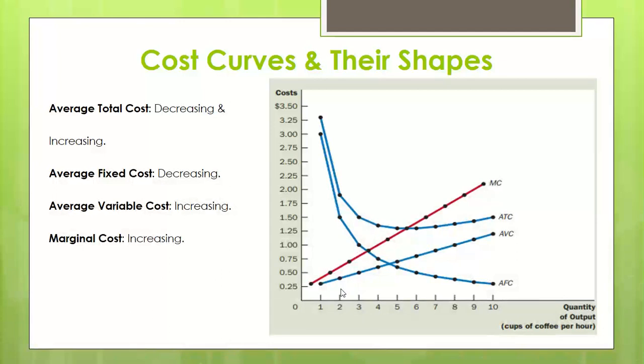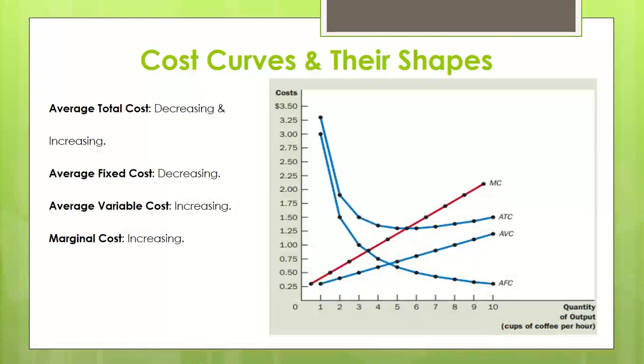As the quantity of output increases, correspondingly the average fixed cost curve is becoming smaller. From this point it comes down and till there it is becoming smaller.